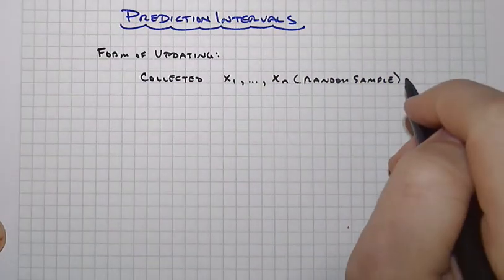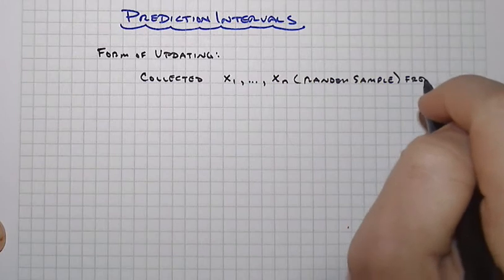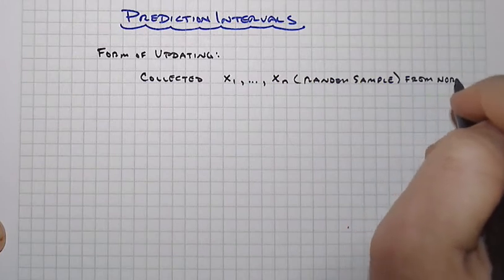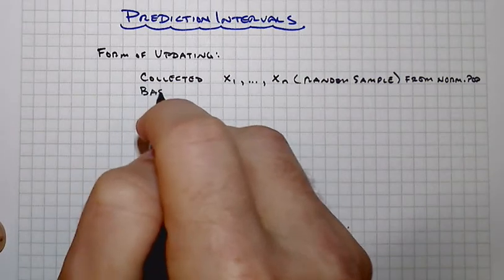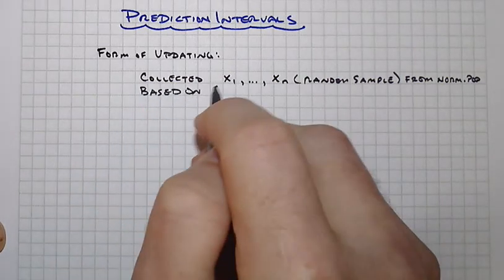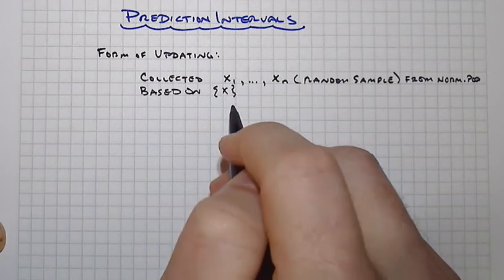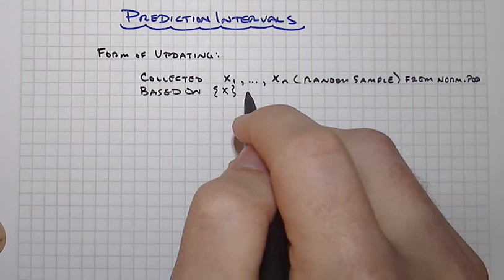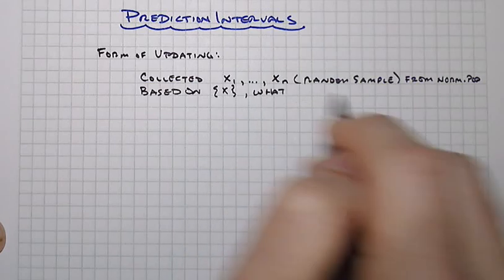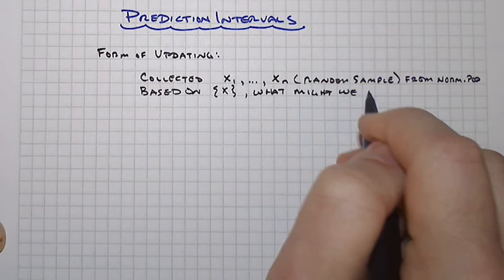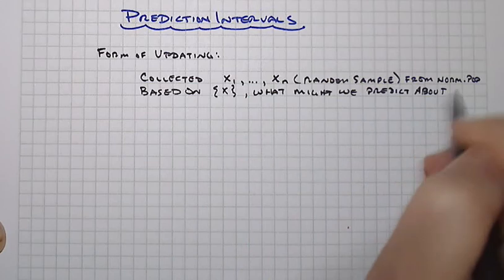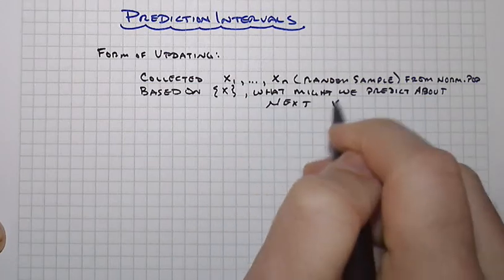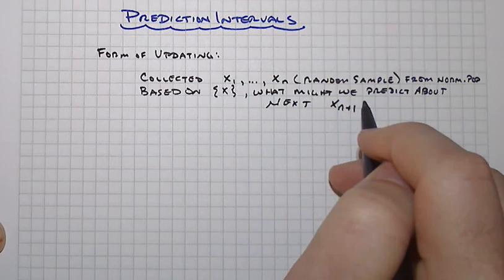Okay, and here we're going to restrict this, that they're coming from a normal population, or at least something close to a normal population. And based on our data set, we ask the question, what might we predict about our next data value that would come along, n+1?